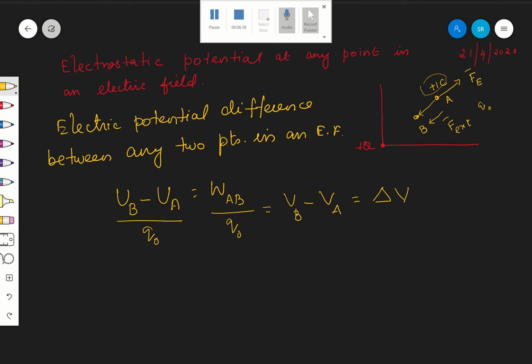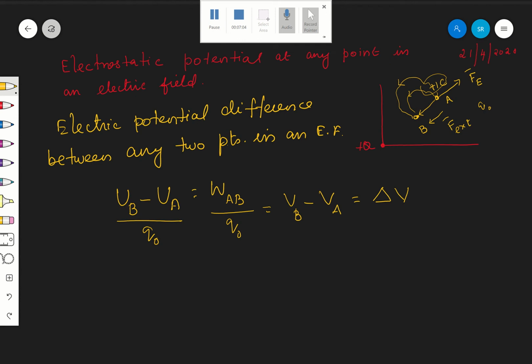But one very important thing here is that it is not necessary to bring the unit positive charge from A to B in a straight line. You can bring it along any path; it is path independent, because the initial and final points are the same. Whatever the path, the value will not change. That shows the conservative nature.